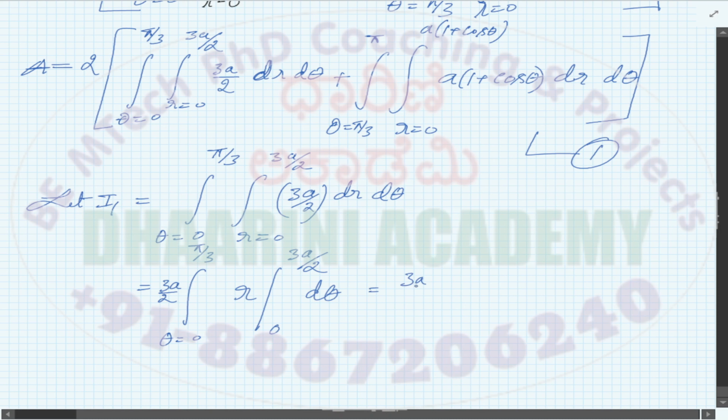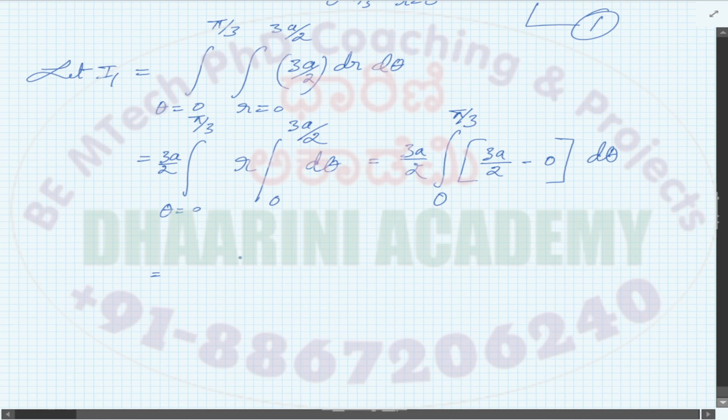So this is 3a by 2, integral theta is 0 to pi by 3. Substitution of r: when it is 3a by 2, it is 3a by 2. When 0, it is 0, into d theta. I know that this whole term becomes 3 into 3, so 3 into 3 is 9a square divided by 4 times.